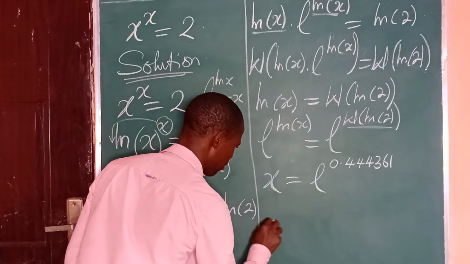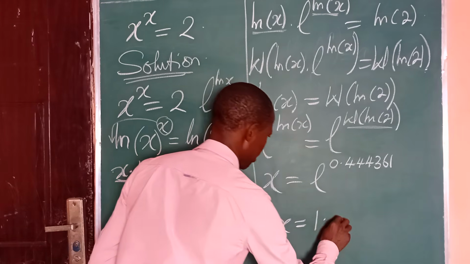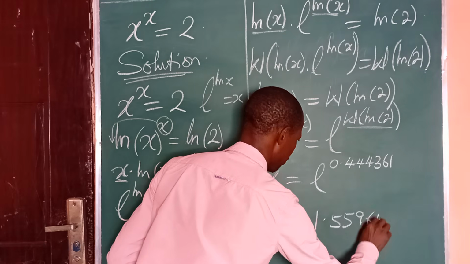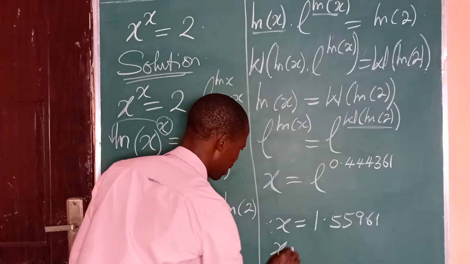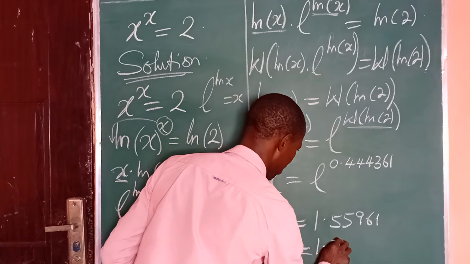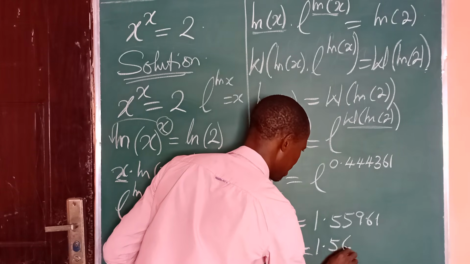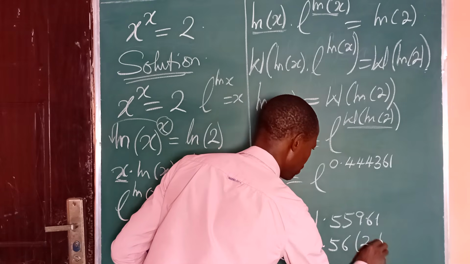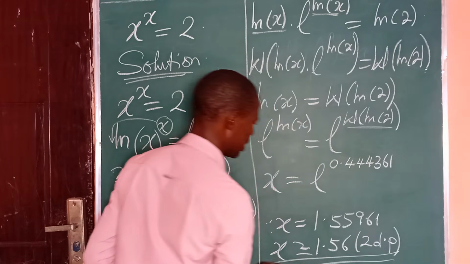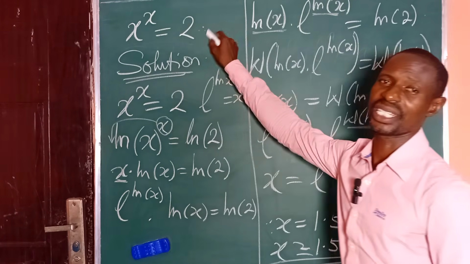So we're going to have, therefore, x equal to 1.55961. And we can take this to 2 decimal places, which is 1.56 to 2 dp. So this is the value of x that will satisfy this original equation.